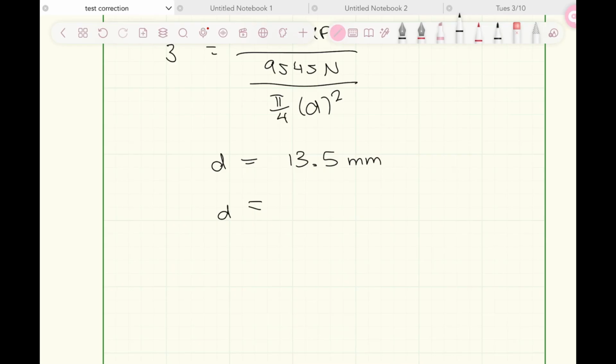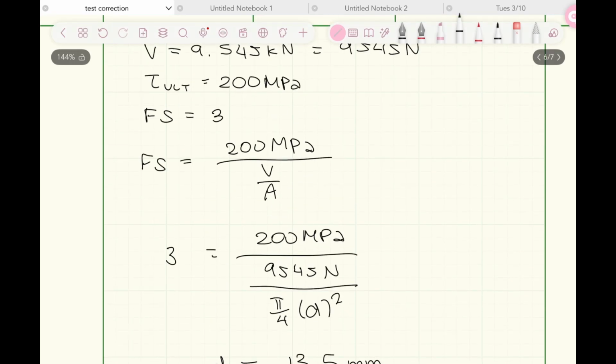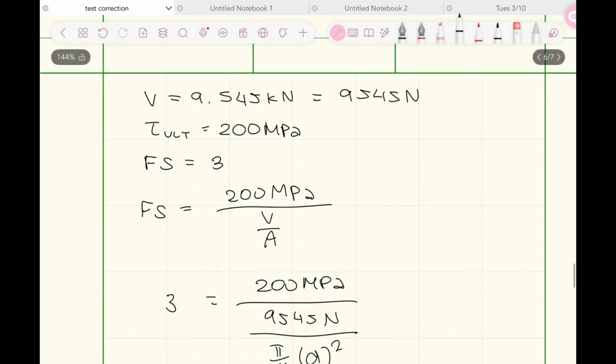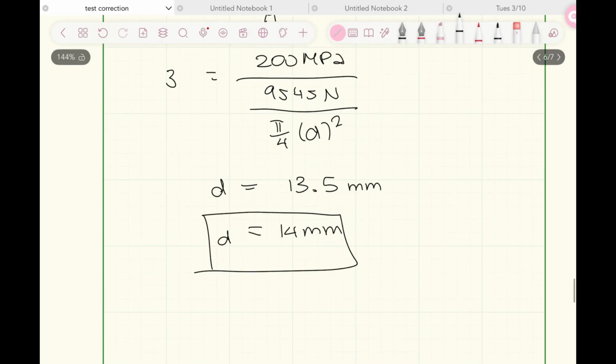So our final answer would be 14 millimeters for our diameter, given our factor of safety and our ultimate stress.